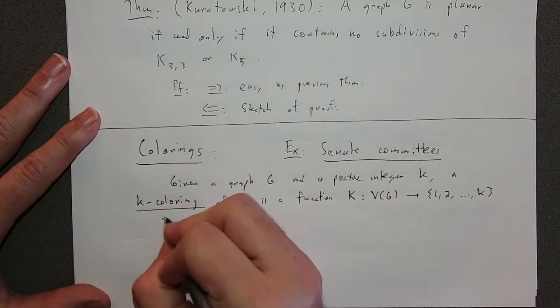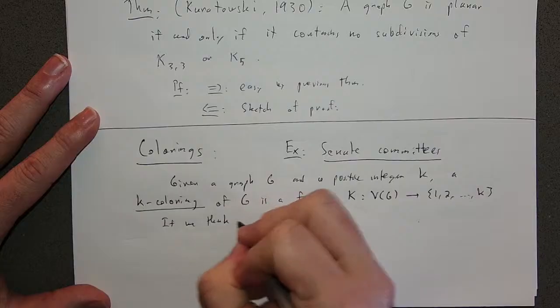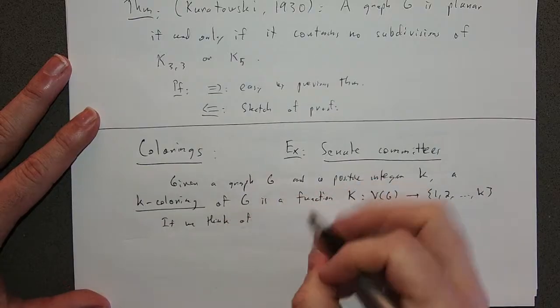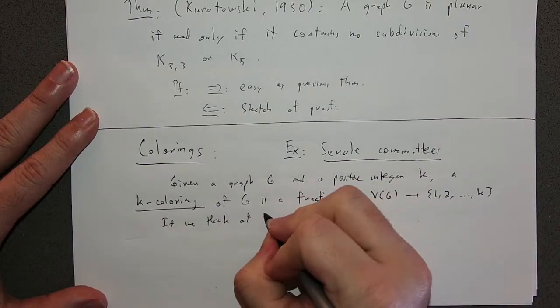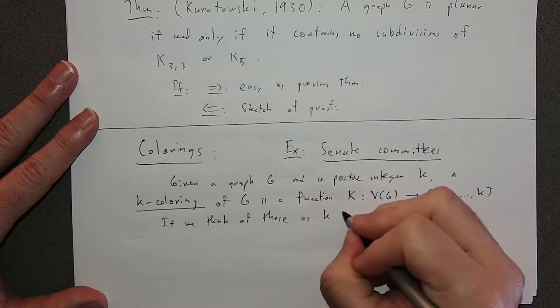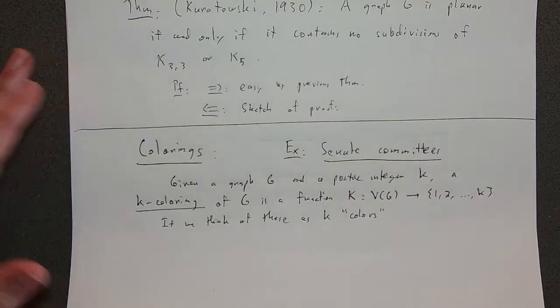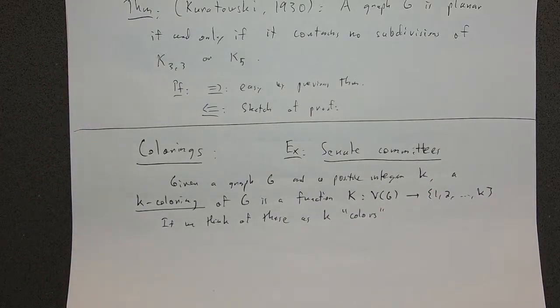If we think of these as K distinct colors, so if K is 5, these would be 5 distinct colors, distinct meaning I can tell them apart.